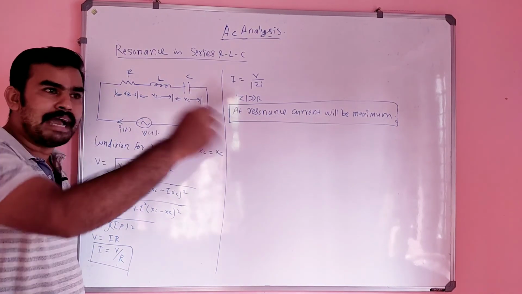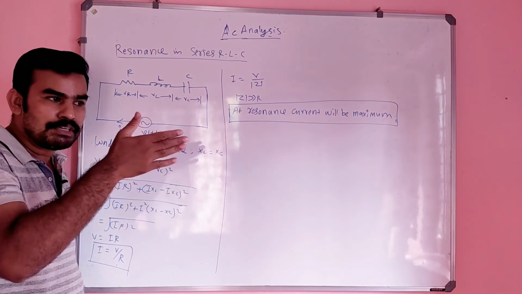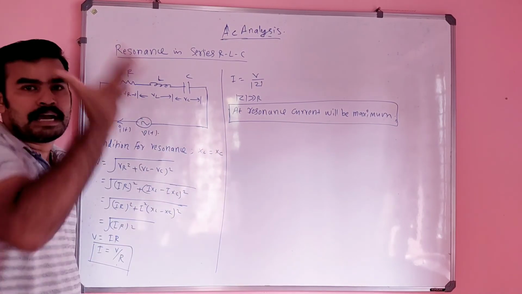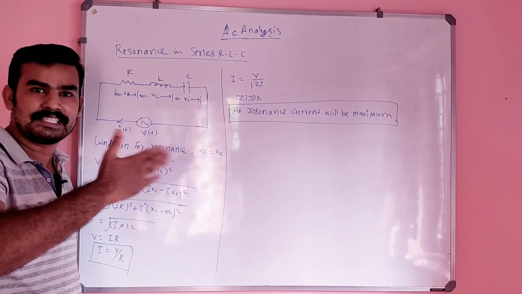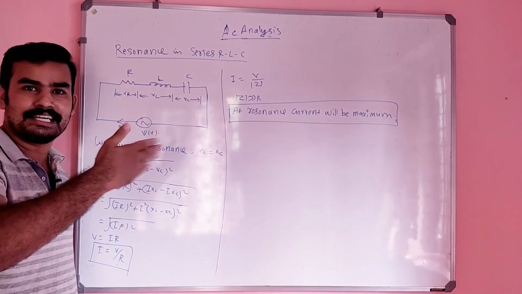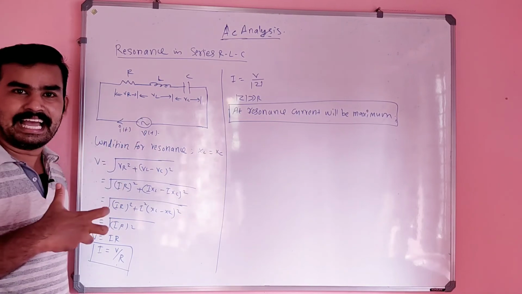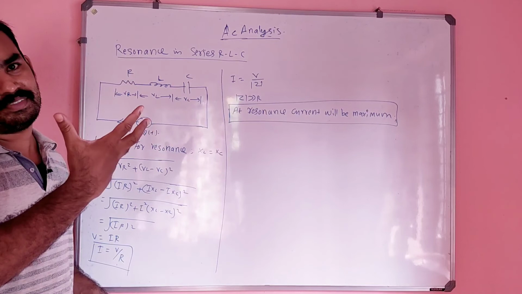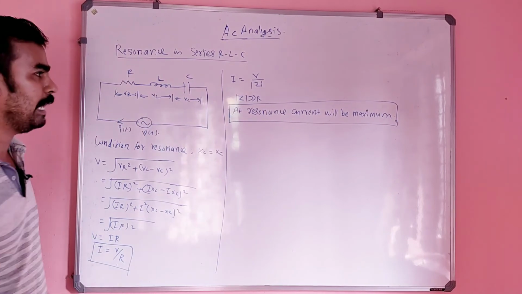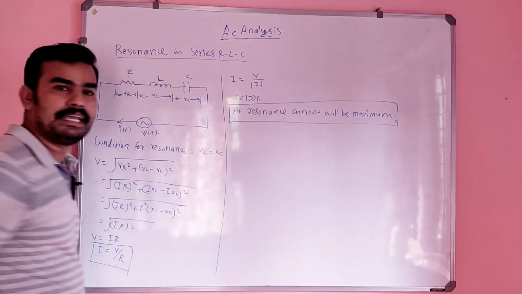Whenever that frequency matches the natural frequency of the glass, then the maximum amplitude will happen. That's why the glass starts shattering. Like that, resonance is a condition of maximum amplitude, maximum current. So at the resonance, current will be maximum.